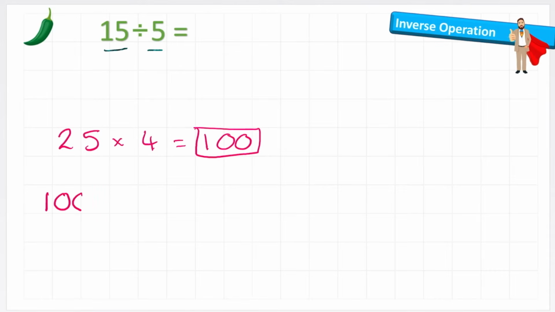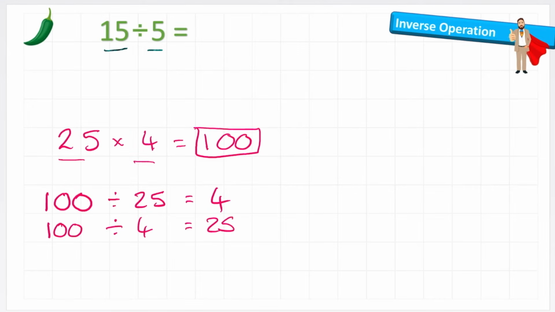So now I can have 100, and knowing what I know now about my number family, it doesn't matter which way around I put my 25 or my 4 because it's still going to be part of the number family. So I can say 100 divided by 25 equals 4. Or I could write 100 divided by 4 equals 25.